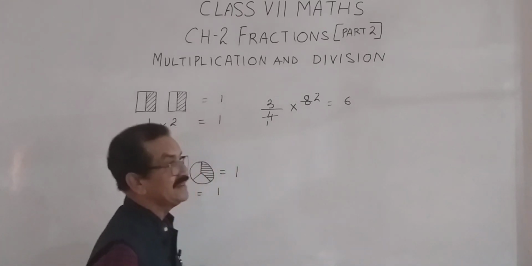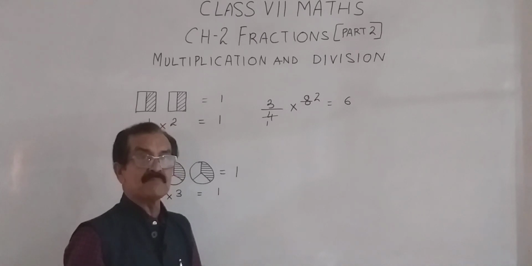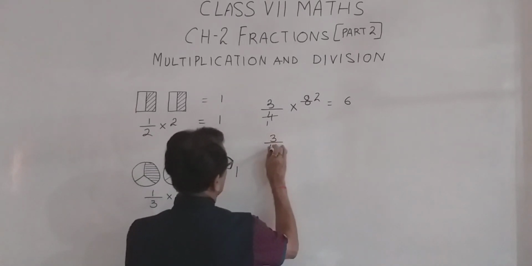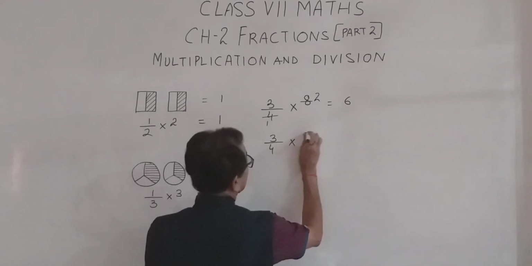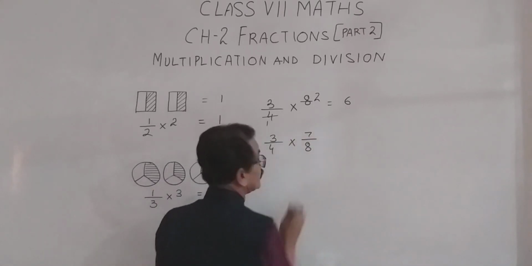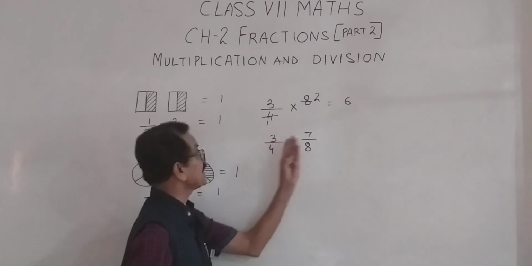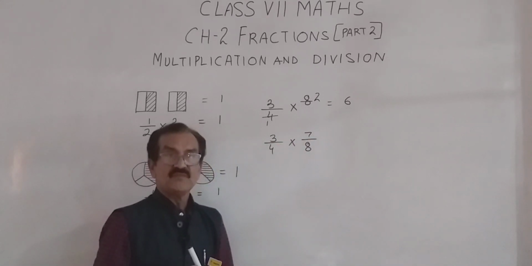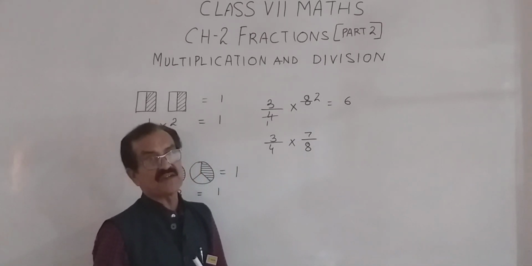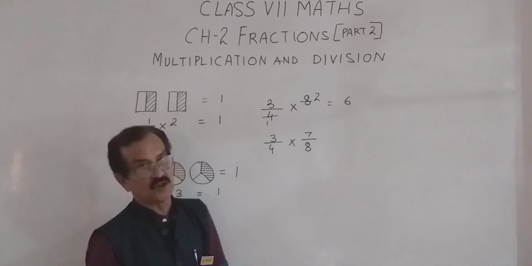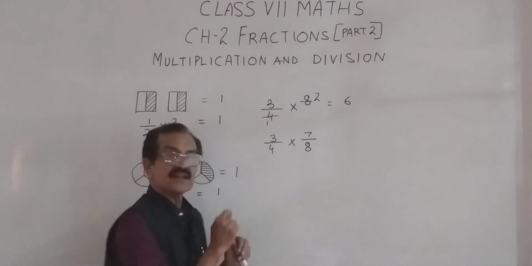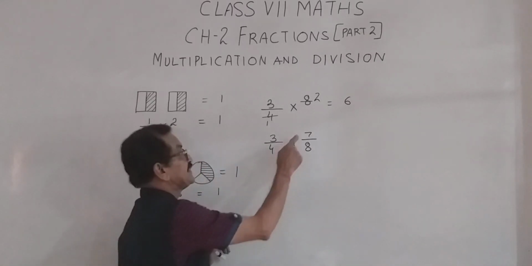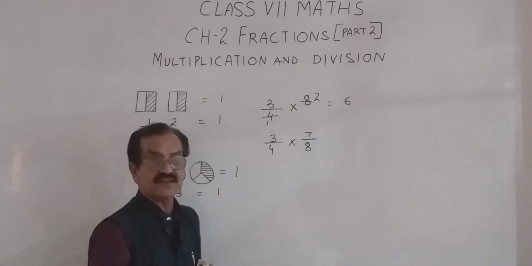Furthermore, let us see when a fraction is multiplied by another fraction. Suppose I have 3 by 4 to be multiplied by, say, 7 by 8. So what do we do? We multiply the numerators and multiply the denominators. But before that, we see if there is any common factor between the numerators and the denominators. 3 and 4 do not have a common factor. 3 and 8 do not have a common factor. 7 and 4 also do not have a common factor.